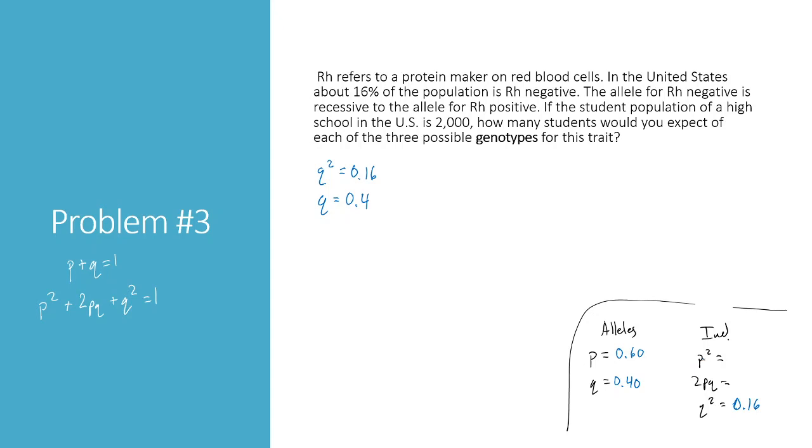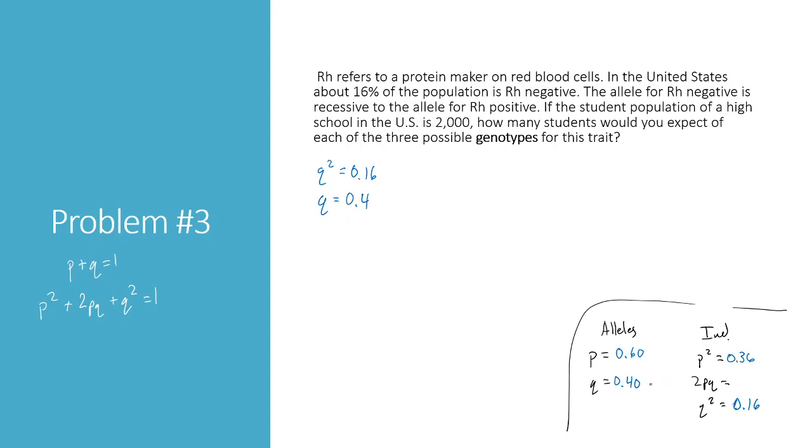And then to find each of the remaining terms, p squared is just going to be squaring this p term, and that'll give us that 36% of the individuals are going to be homozygous dominant. And 2pq, again, we're just multiplying the number 2 times our value for p times our value for q.